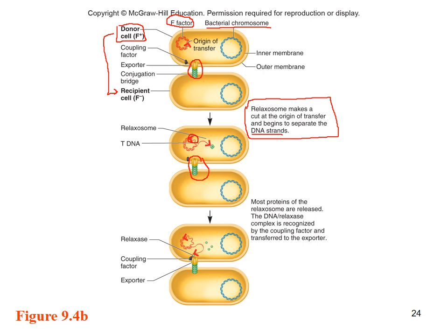As the relaxosome gets towards the end of unwinding the double-stranded DNA, it will make physical contact with the coupling factor, and the coupling factor will initiate the exporter, allowing the F factor to move from the donor cell into the recipient cell. Okay, and we can see it right over here, nicely being explained.